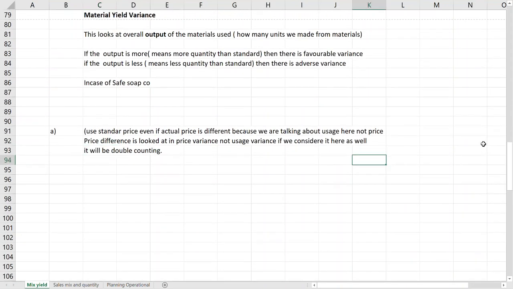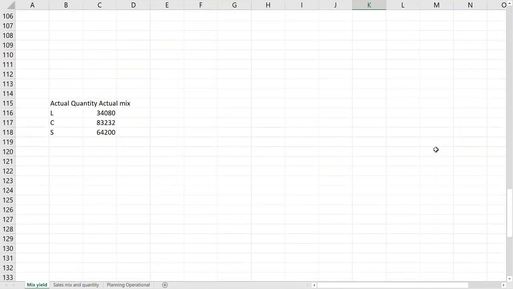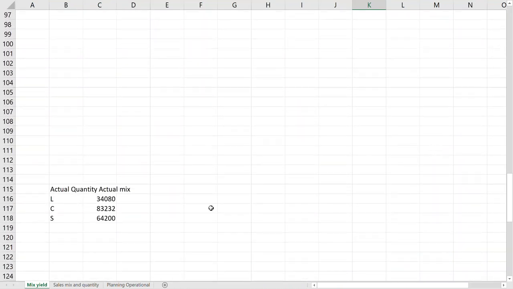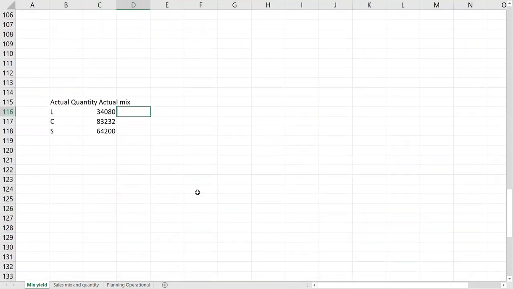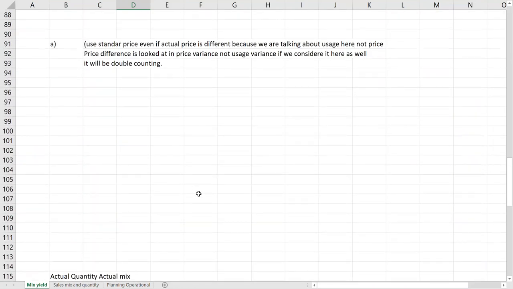We are not calculating quantity. We are calculating amount. I have taken these kgs, I have multiplied by price. So we have $10 for this one, $4 for this one, and $3 for this one. We need to understand this in terms of amount, not just quantity.